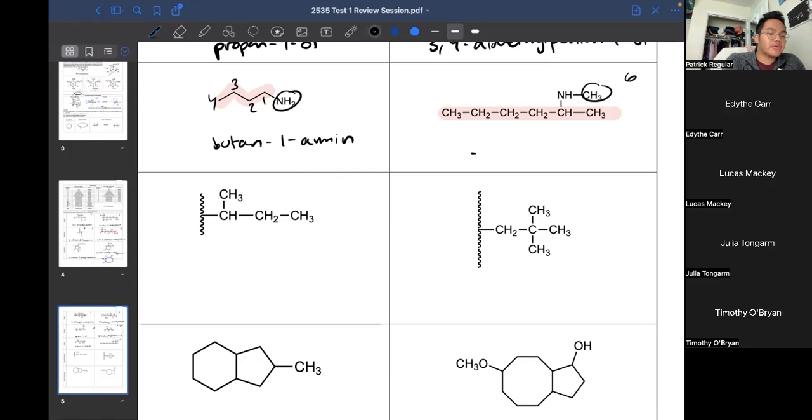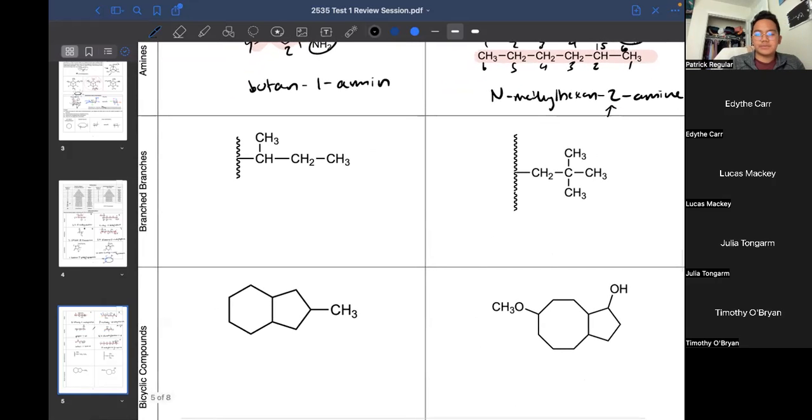As you see, this is a methyl group, so it's a methyl hexane amine. What number would go here? 2. Lowest number possible. But for the methyl group, even though it's a branch, we have to know what it's connected to. And we just put N. It just tells us it's on that amine group. That's it.